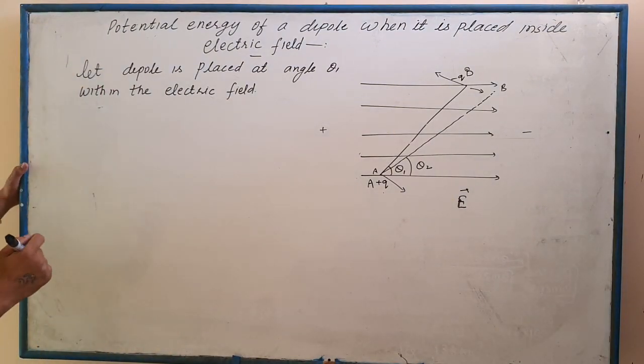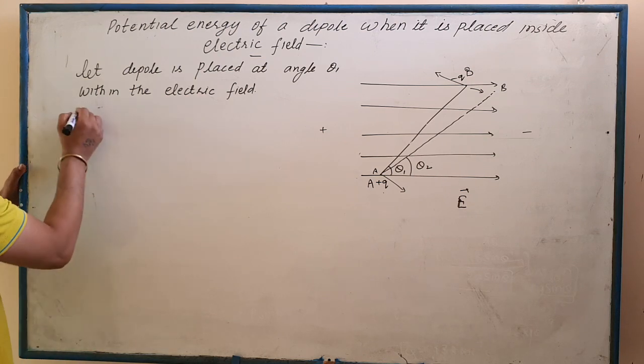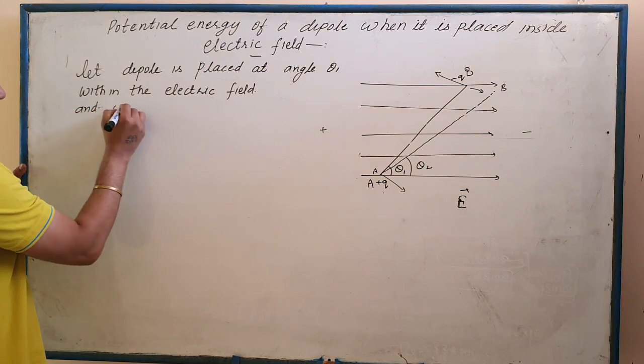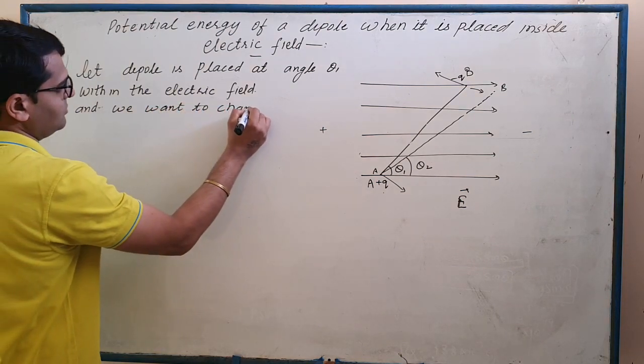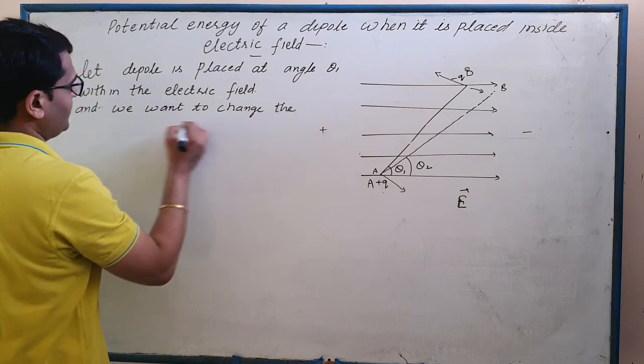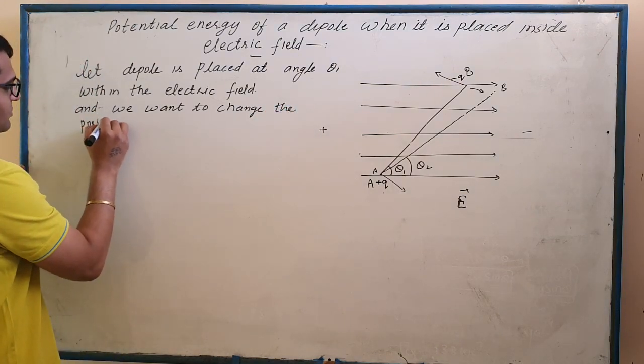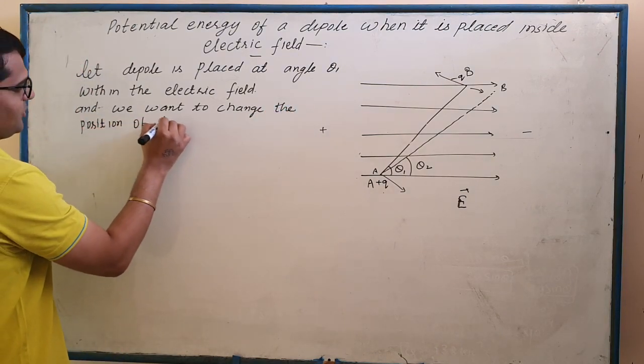Let the dipole be placed at angle theta 1 within the electric field and we want to change the position of the dipole.